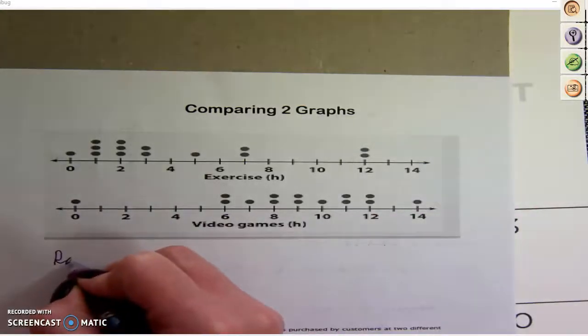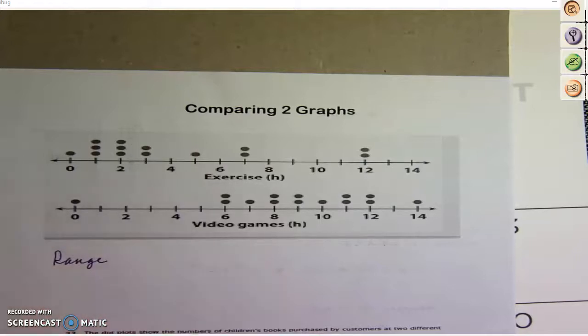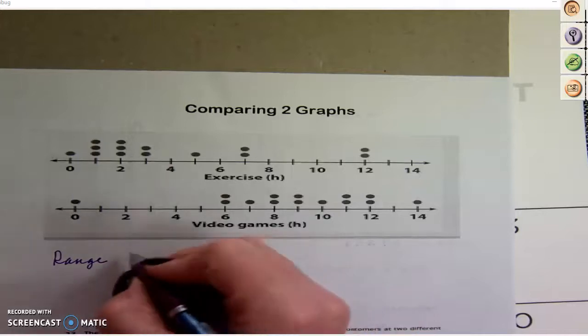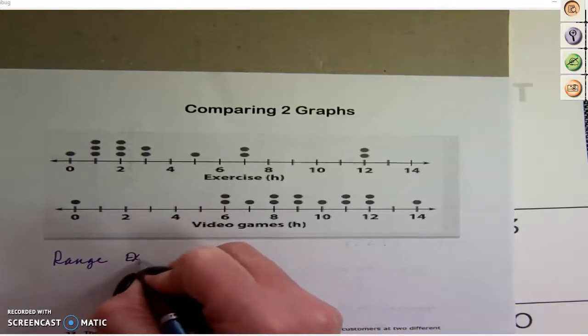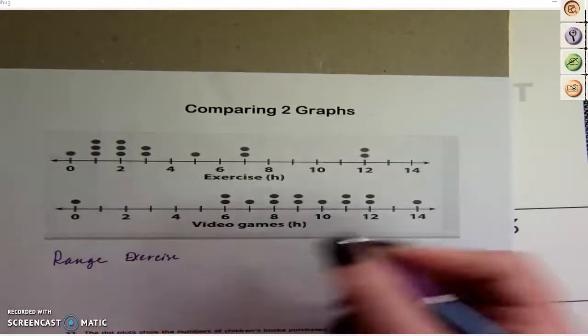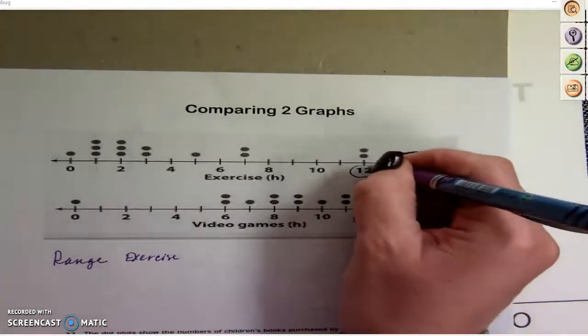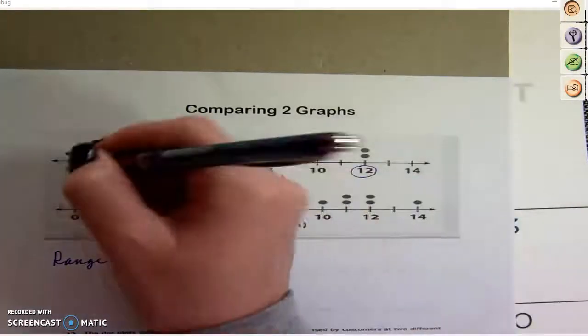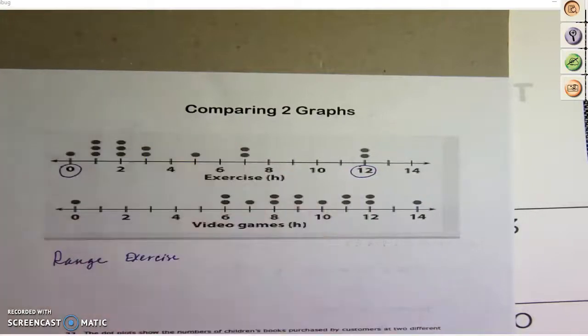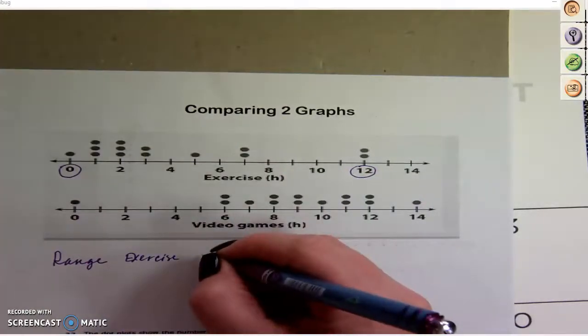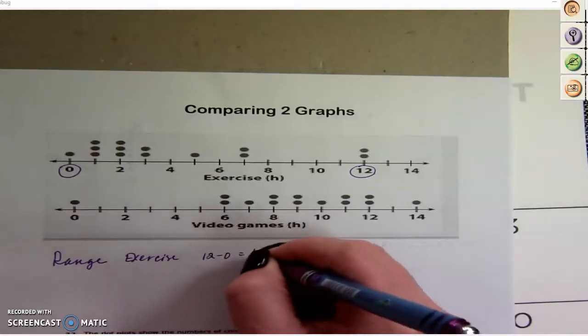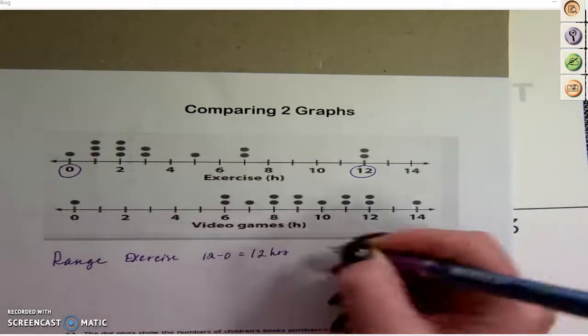So if they were to say, can you compare the range of the data? So for exercise, the range, let's take a look. The largest was 12 hours, and we did have one response that said they spend no time. So the exercise range is 12 hours.